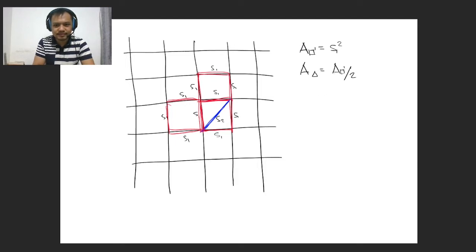Okay? So, you guys follow me right here? The area of this square, square 1, divided by 2, which is also equal to S sub 1 squared divided by 2. Right?